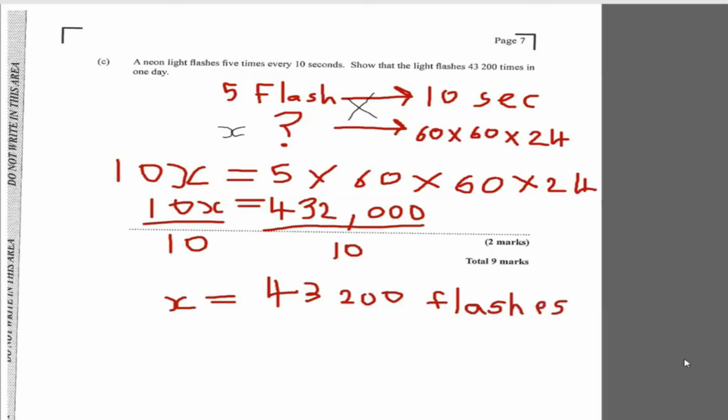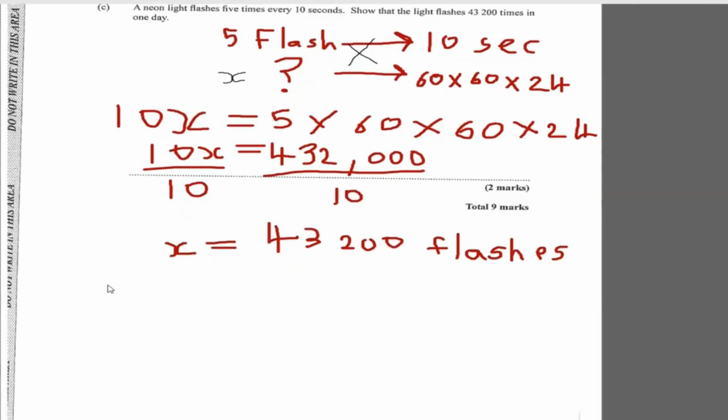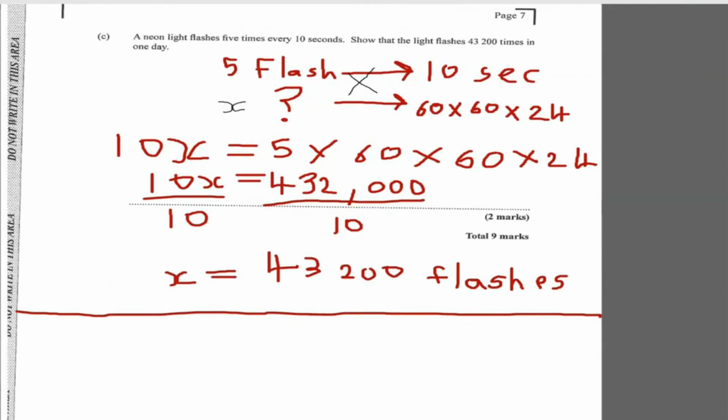All right, easy. Now let's look at the alternate method, because many persons may not necessarily want to do this question this way. So now we're going to use direct variation.